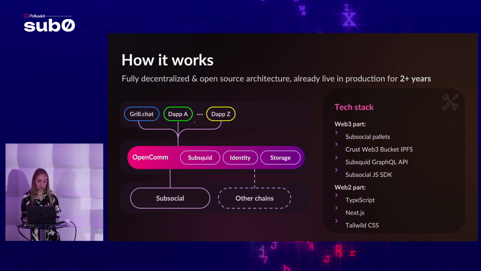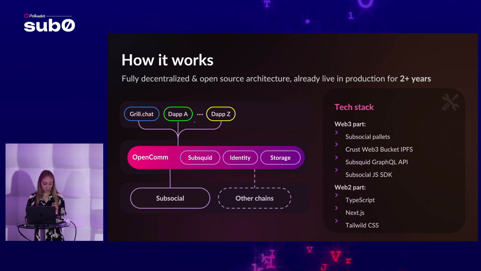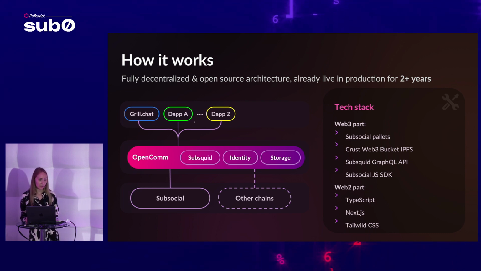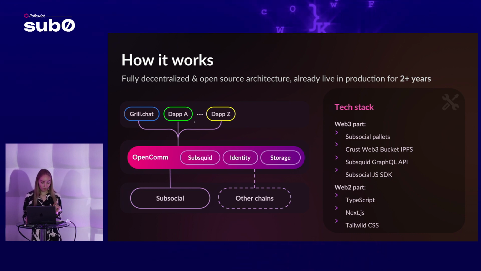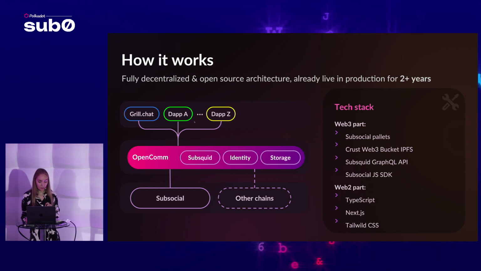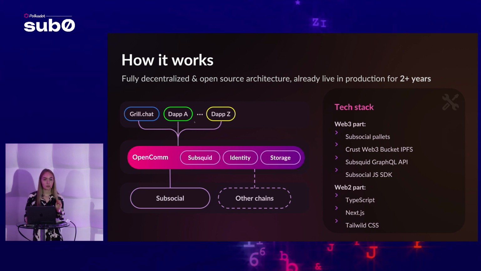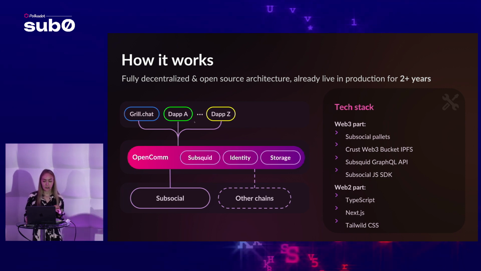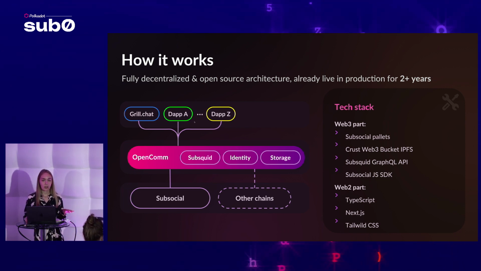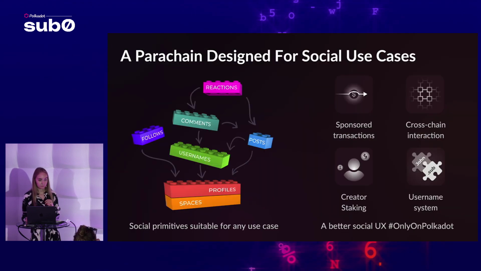For now, storage uses IPFS through Crust Network, but it could be any solution, like Arweave, AWS, or your personal computer. And at the highest level, we have applications or integrations. So you can integrate with us with just a few lines of code, and remember, one discourse, many clients.